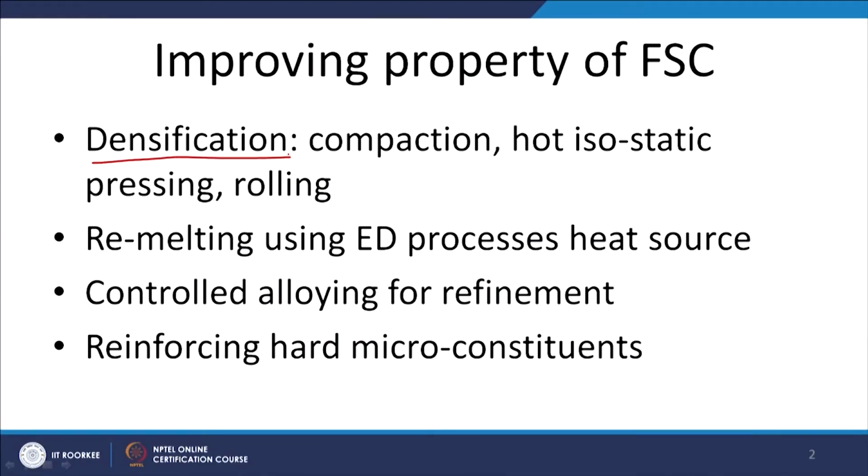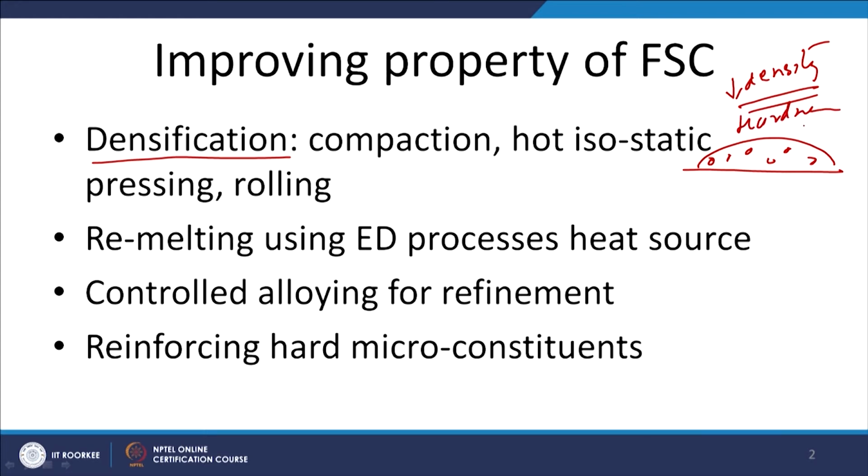In order to overcome these limitations, some approaches have been developed, and these include densification. In flame spray coating processes, we know the coating has pores because of the low velocity, so the density of the coating is somewhat lower due to the presence of these air pockets, as is the hardness.